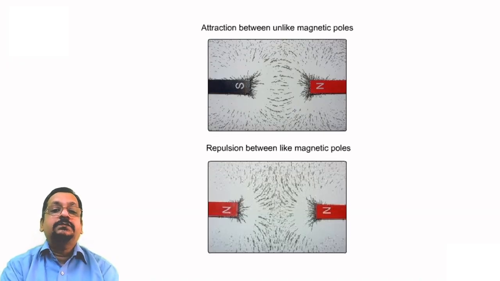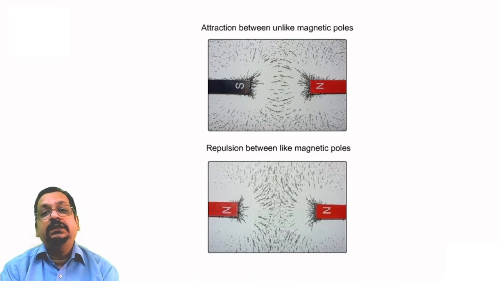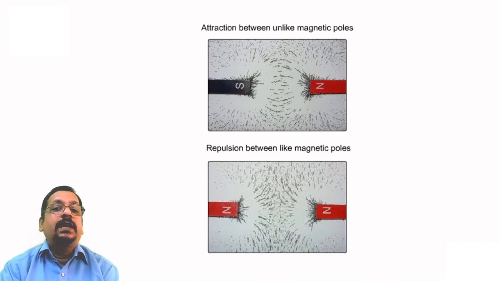We can explain magnetic attraction and repulsion between the two magnetic poles by means of lines of force. Here there are two magnets we have taken. In the first photograph, it is shown that the south pole of one magnet is facing towards the north pole of another magnet. And as before, we have sprinkled iron filings, and you will find a peculiar pattern like this.